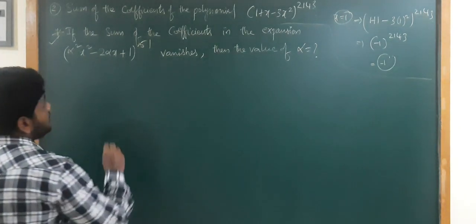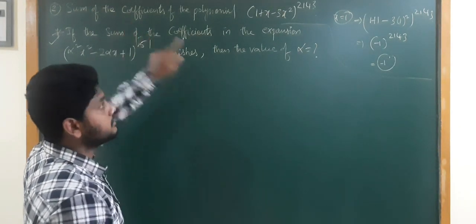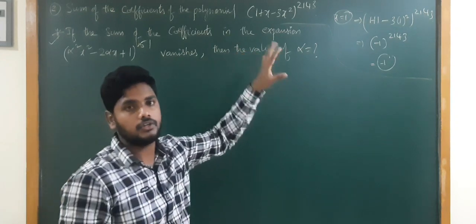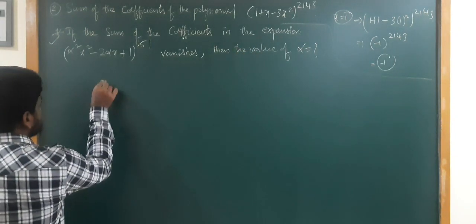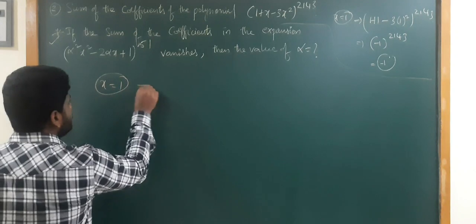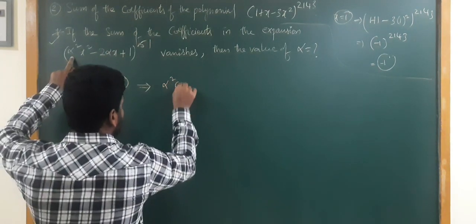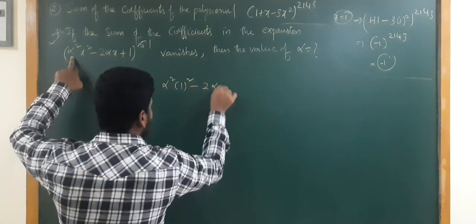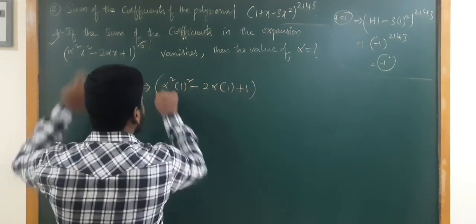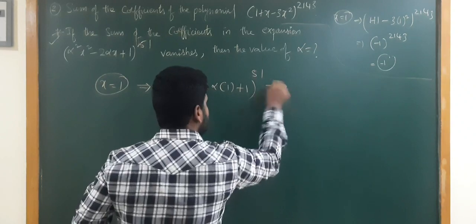See, very simple. We know to find the sum of the coefficients we use the method of substituting x equal to 1. Here also we will substitute x equal to 1. Alpha square into 1 square minus 2 alpha into 1 plus 1, whole to the power of 51 is equal to 0.